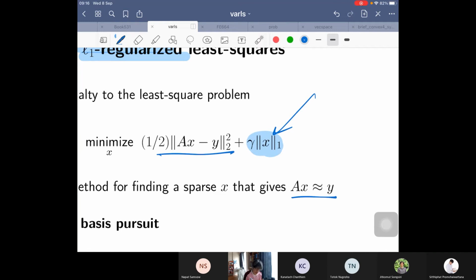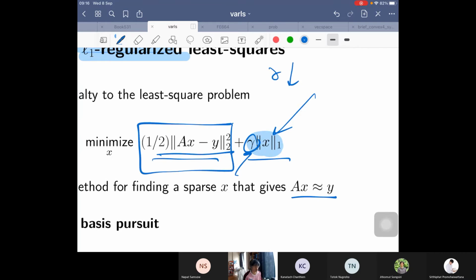When you have a sum of two objectives, you balance between these two criteria by playing with the penalty parameter gamma. If gamma is smaller, you care more about the quadratic loss, so you want Ax to approximate y very well relative to the L1 norm of x.